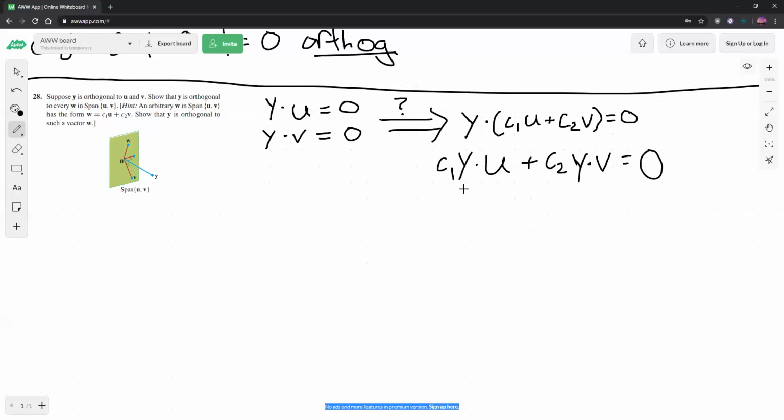So how do we know that this equals 0? Well, y times u is 0, that's given to us, so we have a C1 times 0. Over here, y times v is equal to 0, so C2 times 0 equals 0, and there you go. 0 equals 0. So this is a little check mark. So there we go. y is orthogonal to any arbitrary vector in the span of u and v.